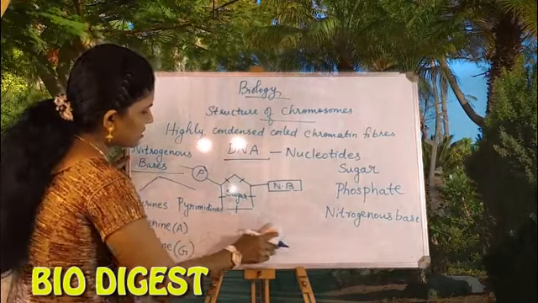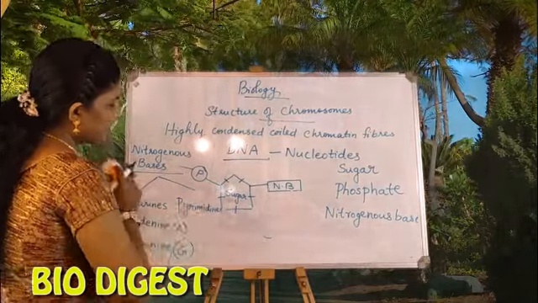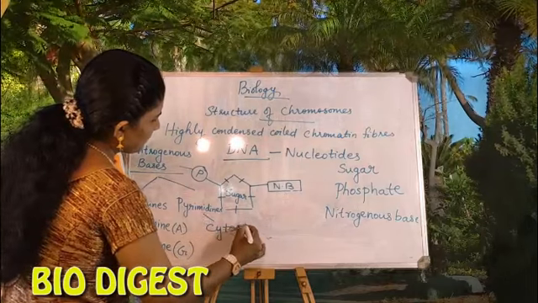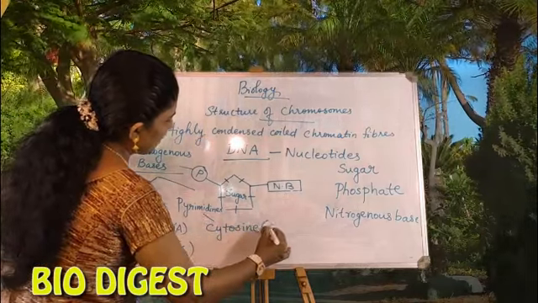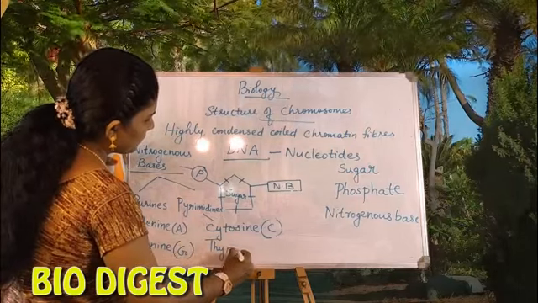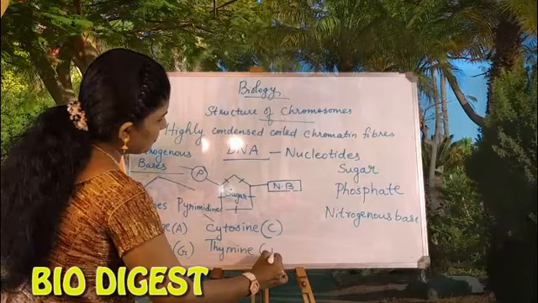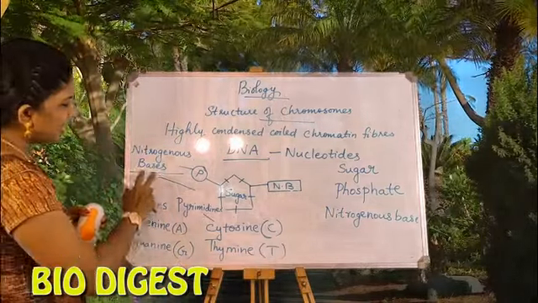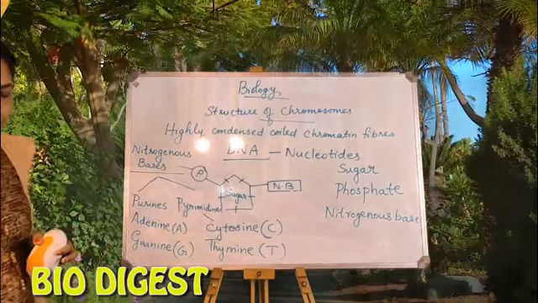And pyrimidine bases are cytosine, represented by C, and thymine, represented by T. So these are the nitrogenous bases.